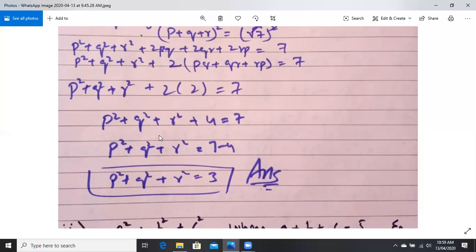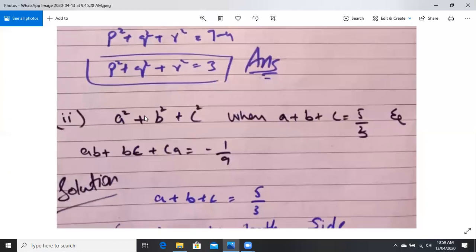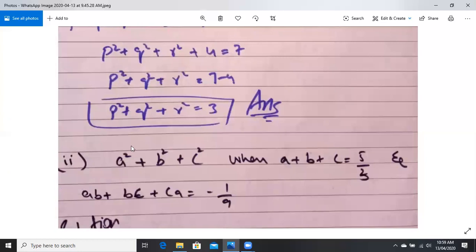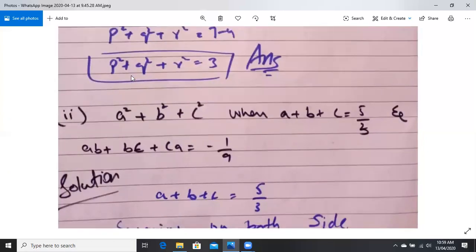Similarly, we also have the same question, which is the next question, and it's also the same, but its values are different. So you have to try it at home, and I will also share it with you and discuss it with you. We have to find the value of a square plus b square plus c square. Compared to the last question, where we had to find the value of p square plus q square plus r square, here they just changed the variables and numeric values.